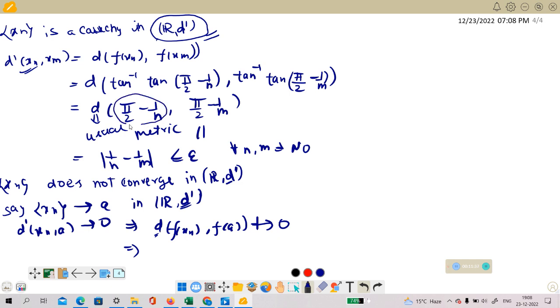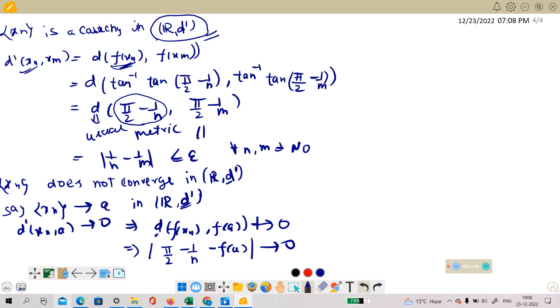We have seen this from above. And this is the mod, so we get |pi by 2 minus 1 by n minus f(a)| converges to 0.